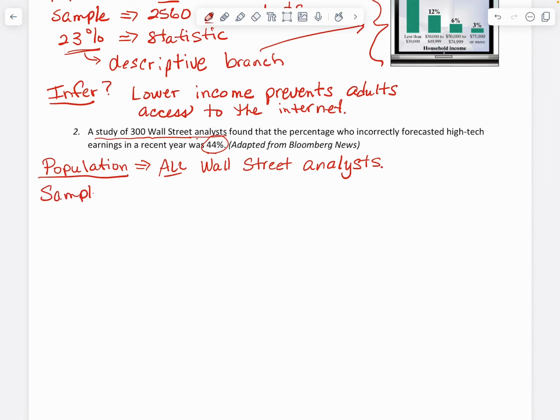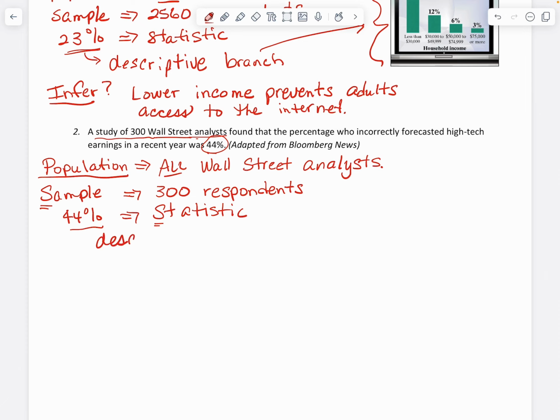The sample would be the 300 who responded. So there were 300 respondents. The 44% is a statistic, since it is a sample. And again, because this is a number that describes the data, it is a descriptive branch.